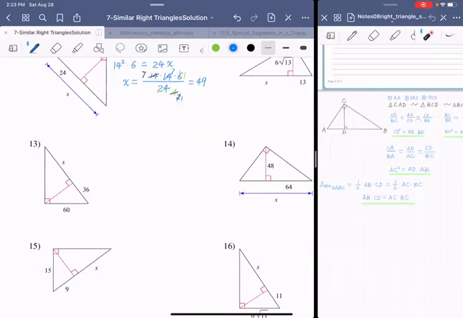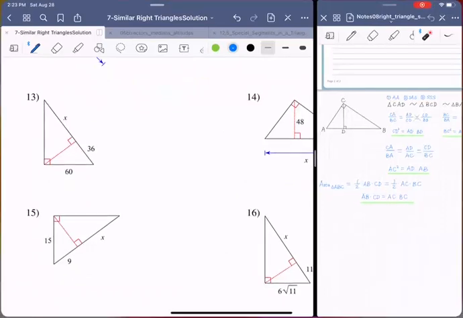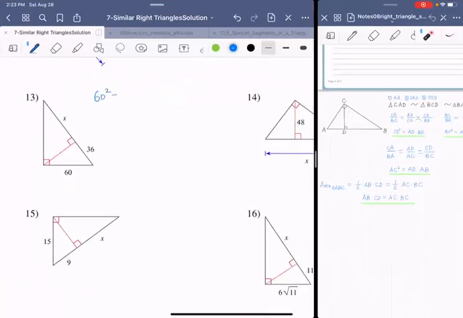Next one. Abby, look at number 13. 60 squared equals 36 times 36 plus x.